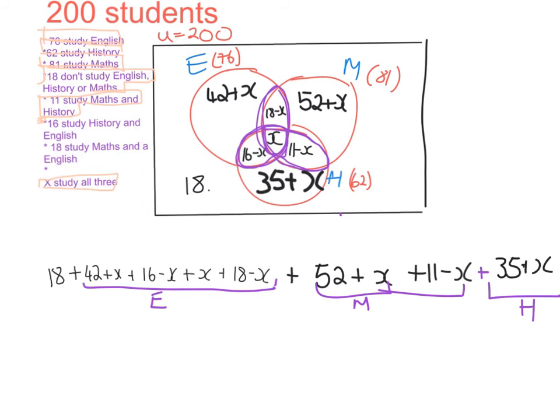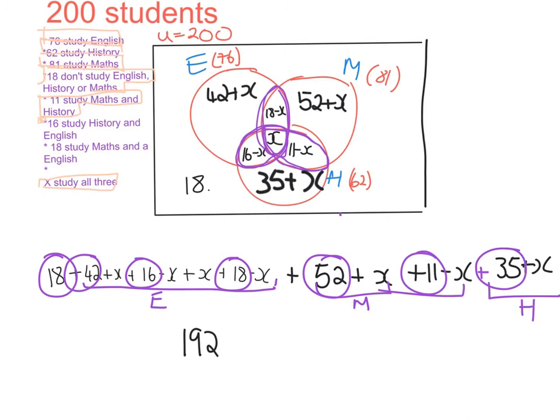At this point, guys, what I'm going to do is I'm going to add up all my numbers. So I have an 18 plus a 42 plus 16 plus 18 plus 52 plus 11 plus 35. And that gives me 192. I'm now going to add up all of my x's.